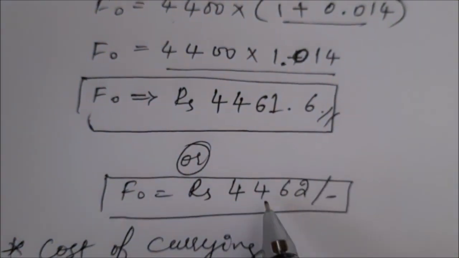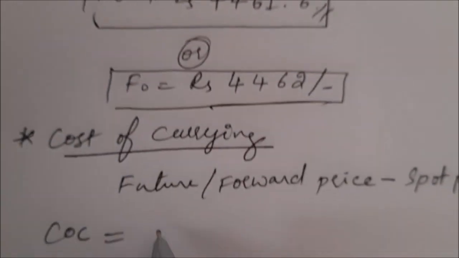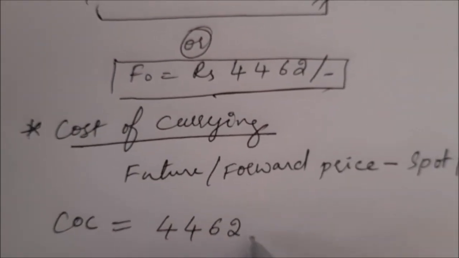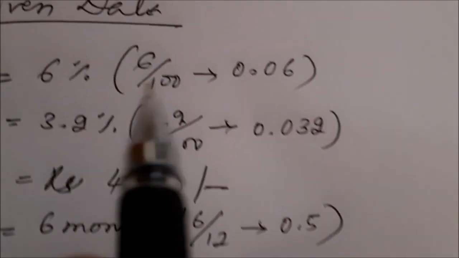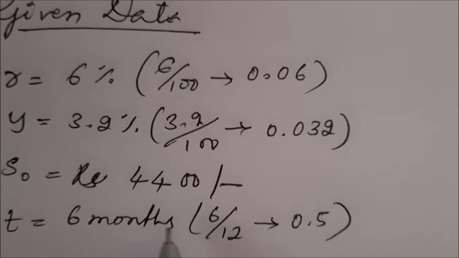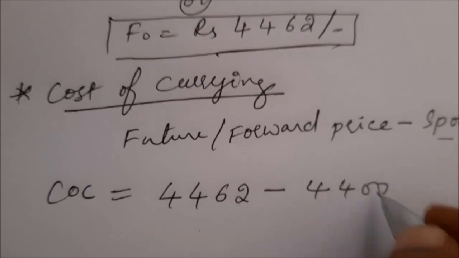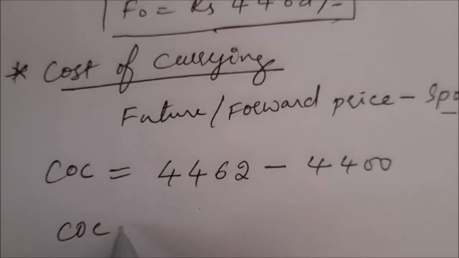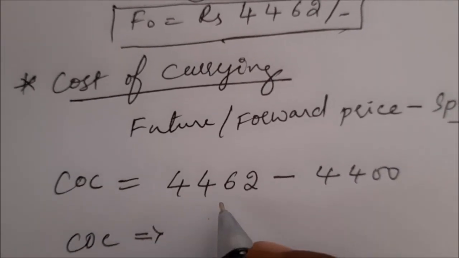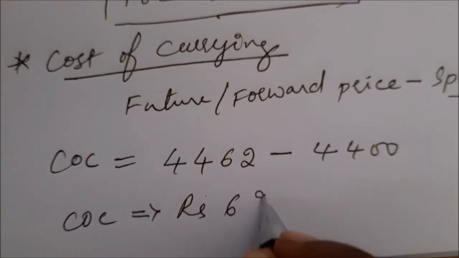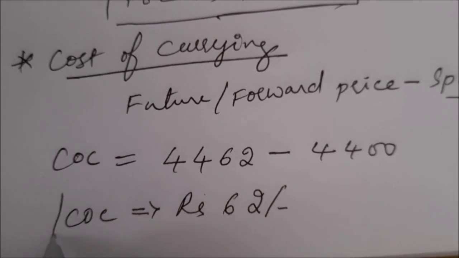It is calculated as 4462 rupees, 4462 less spot price. It is given in the problem and you have written here, that is rupees 4400. Spot price is 4400. The difference amount is the cost of carrying, rupees 62, cost of carrying.